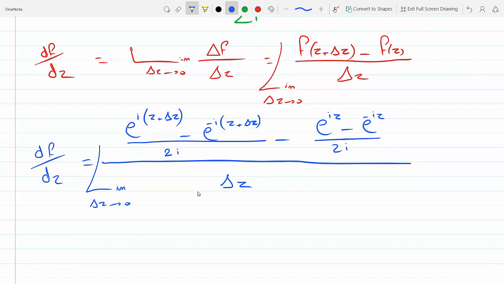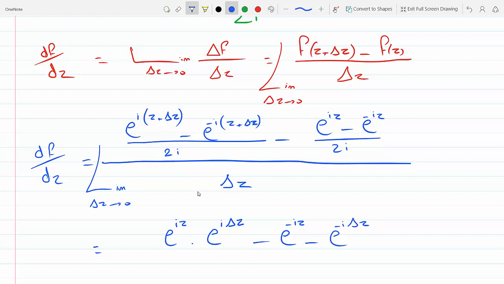Okay, let's see how we're going to simplify these. Should be easy actually, because now we can separate these into e to the iz times e to the i delta z, minus e to the minus iz times e to the minus i delta z.